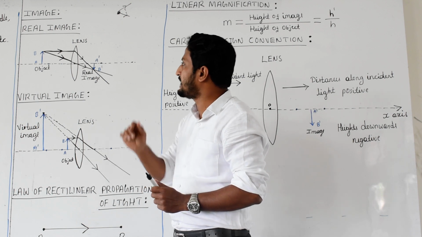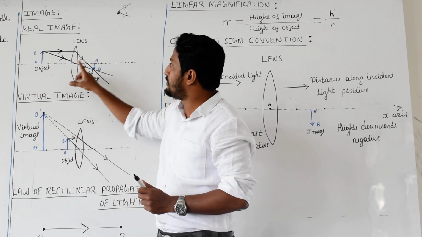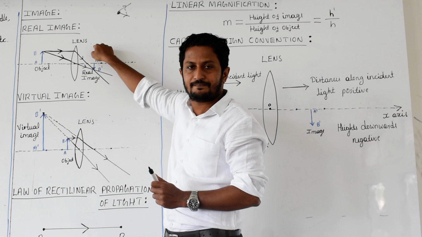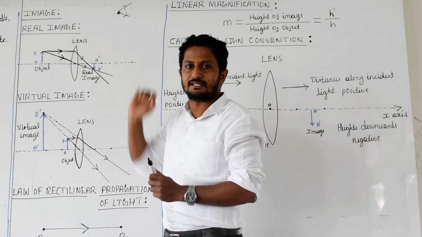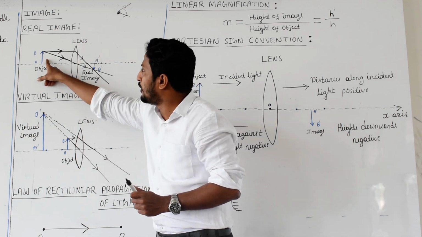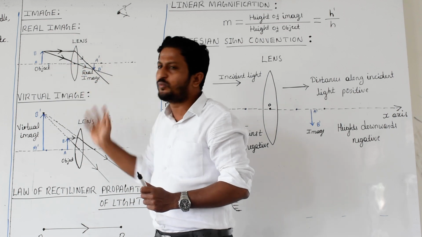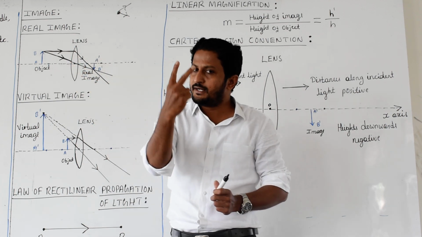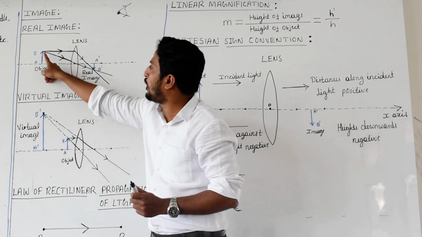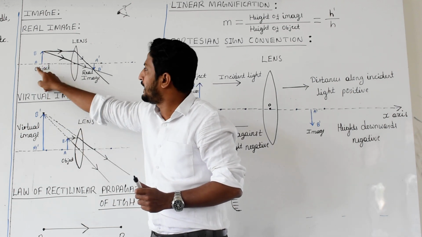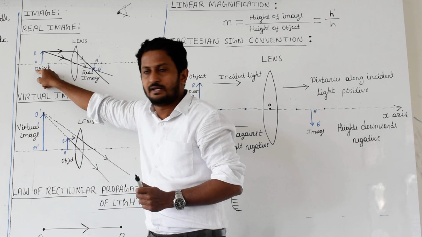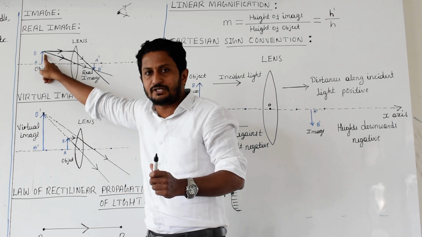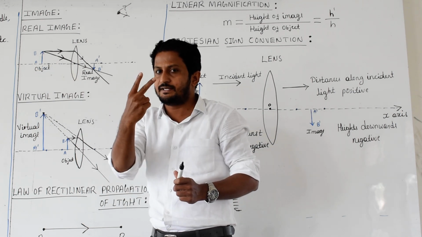Now you see here, in front of that object we placed a lens. From that object, light rays are moving in all directions. I have taken two light rays from its top portion.